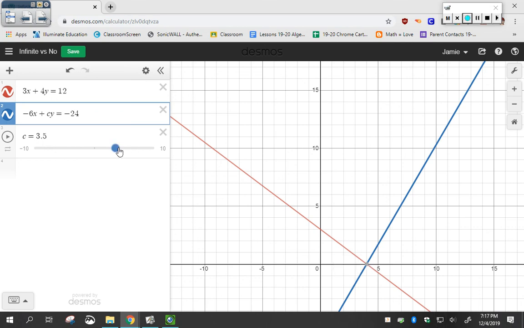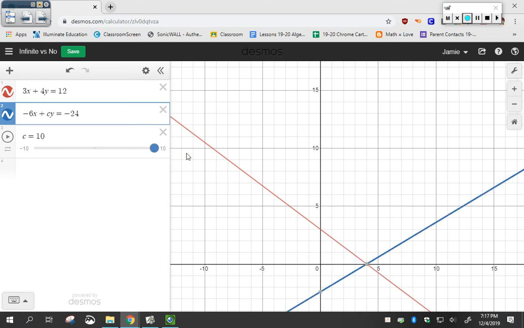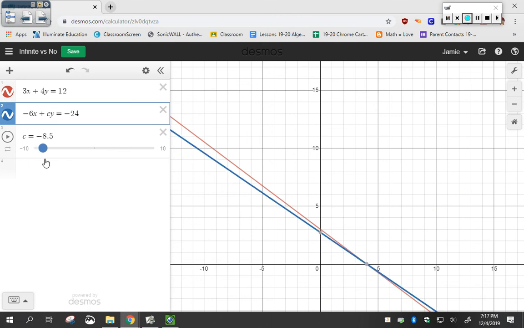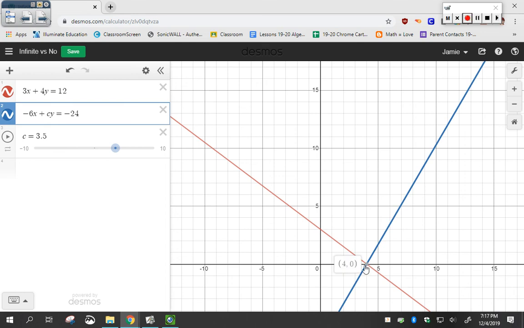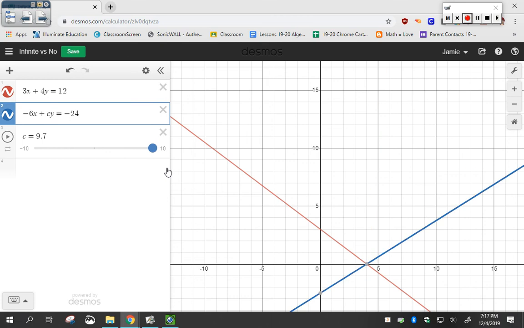So because my x-intercept isn't changing, they're always going to have that intercept in common. That's what this number is. This is the number that both intercepts are affected by. So because 12 divided by 3 is 4 and negative 24 divided by negative 6 is 4, my x-intercept stays 4. No matter what I change my C value to, I have that intercept.